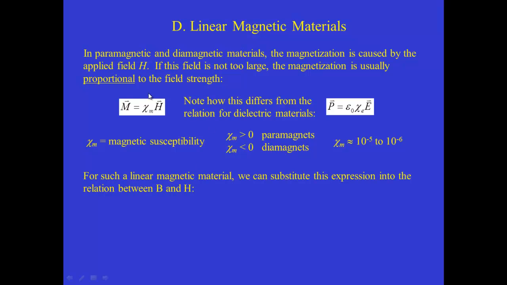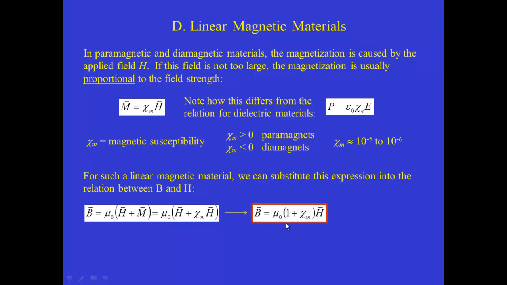So, back to linear materials. For a linear material, we can substitute this expression for the magnetization into the relationship between B and H that came from the definition of H. So B is mu naught H plus M. We substitute in for M so that we have mu naught H plus chi m H, and we can factor out the H and write this in the way that it's most commonly written: B is equal to mu naught times the quantity 1 plus chi sub m, times H. There's also another way of writing this equation.